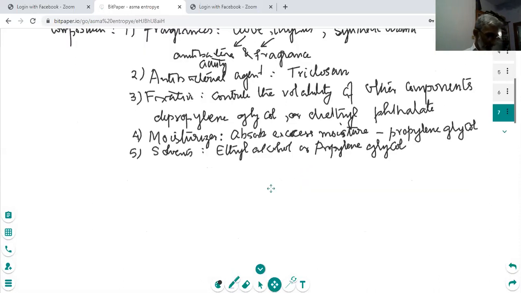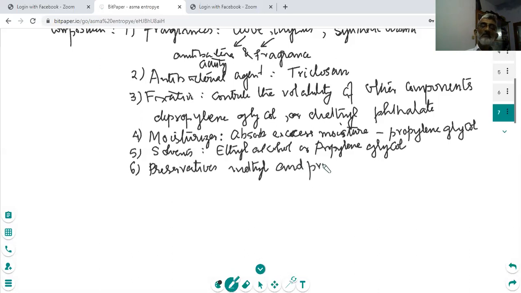And last, we have preservatives for these substances. The preservatives used are mainly methyl and propyl paraben.